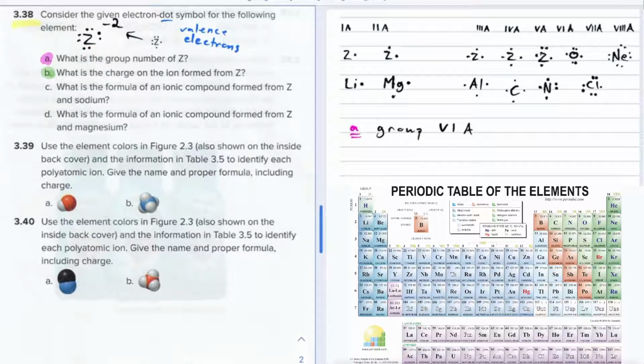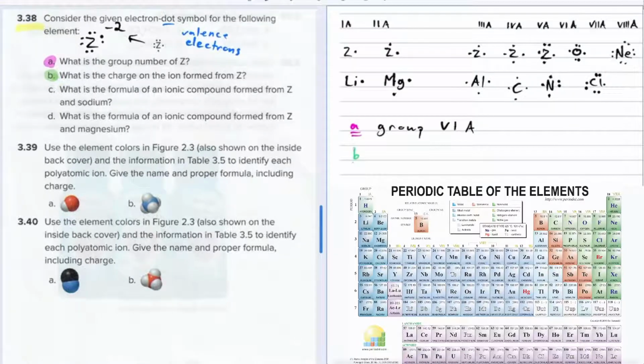Okay, so the charge for this one in this case, it would gain 2 electrons. Charge equals -2, because it gains 2 electrons.